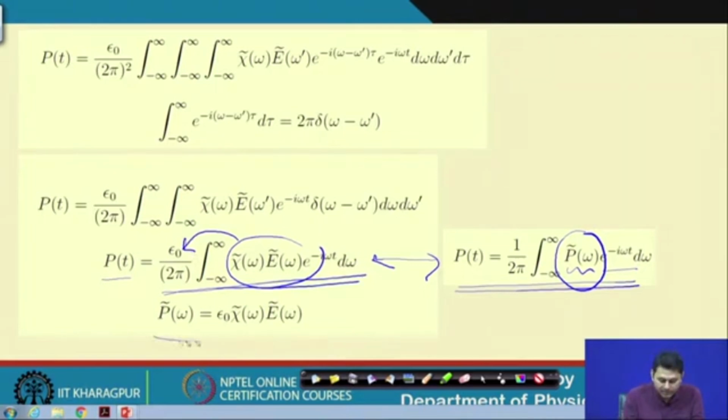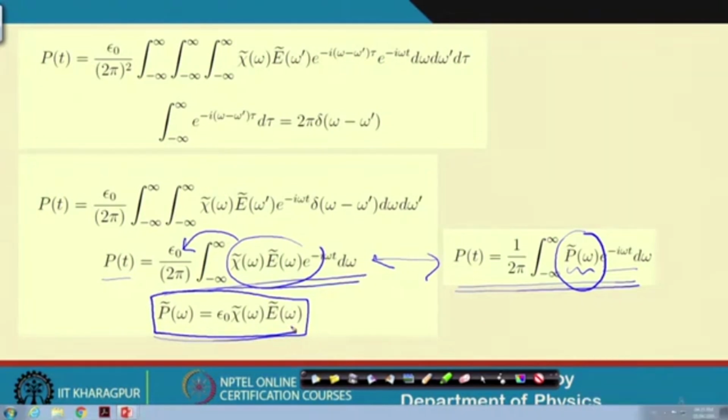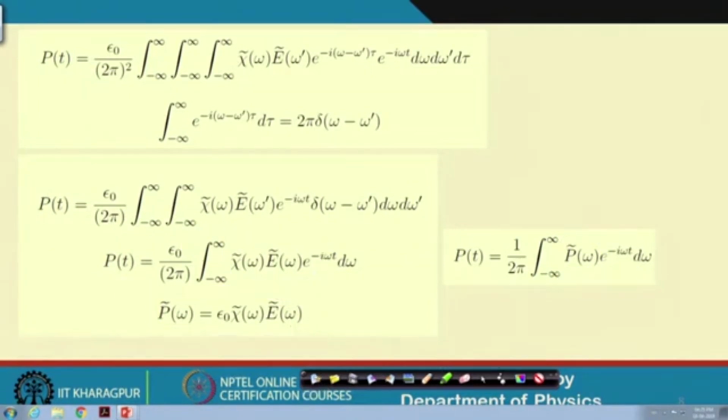So, this is the final form I am getting, and this form suggests that in the frequency domain the relationship between E, that means the electric field, and the polarization P is linear. So, they are related by a linear relation.